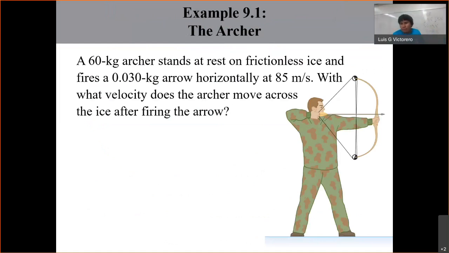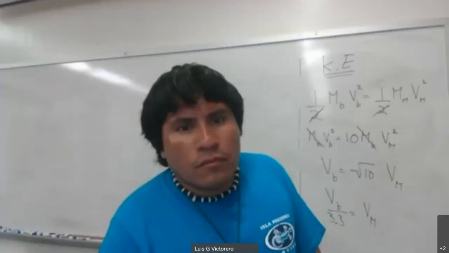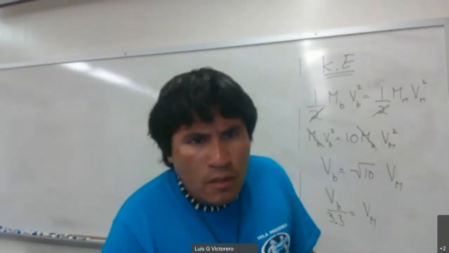So how will you do a problem then? Before we get into collisions, we have to analyze problems like that. So a 60-kilogram archer is on ice and he's firing a 0.030 kilogram arrow at 85 meters per second, which, according to the picture, will be to the east, the positive x-axis. What's the velocity of the archer? That's actually very easy.